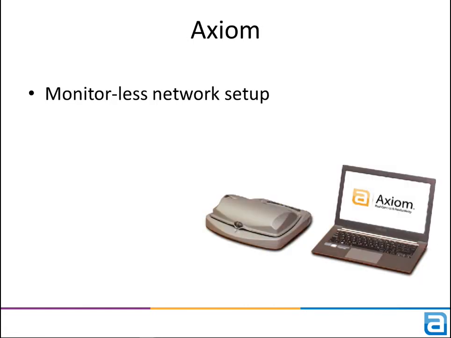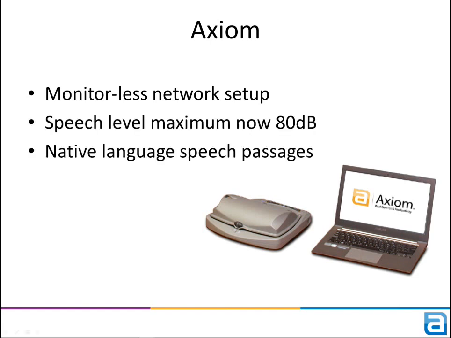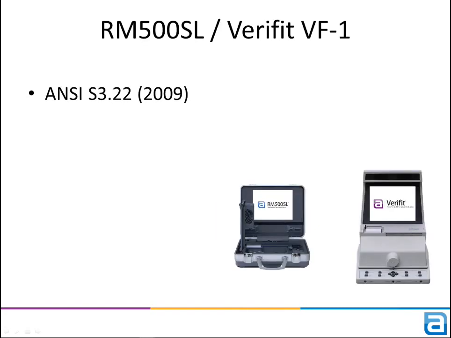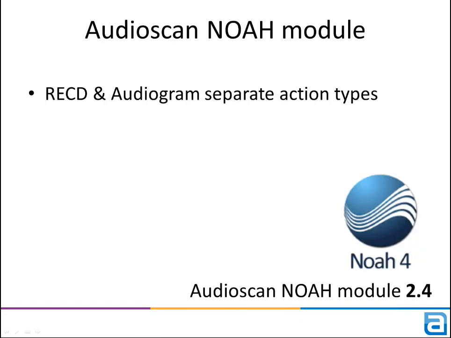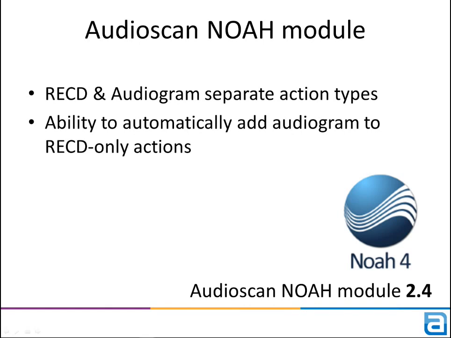Axiom software includes monitorless network setup, 80 dB speech, native language speech passages, and the ANSI 2009. This time around, the Verifit VF1 and RM500SL will only see the update to ANSI. The Audioscan NOAA module has two new related features: RECD and audiogram public data separation, and the ability to store the audiogram with the RECD-only actions.